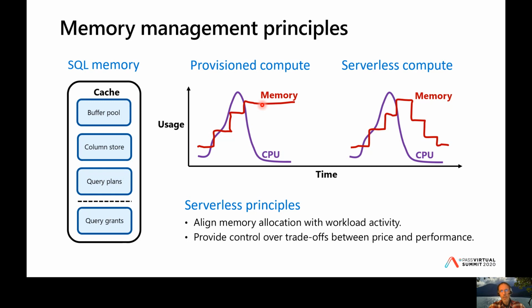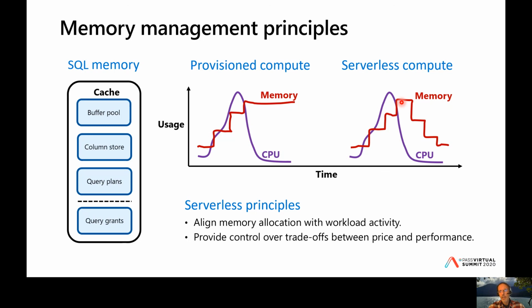Now, this presents a problem in serverless where the memory, of course, is billed. And if the database isn't using that memory, that can represent costs that are simply unacceptable.